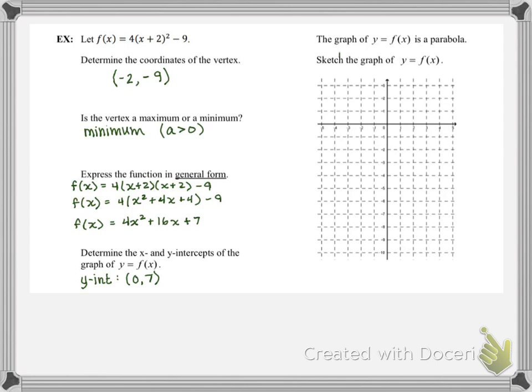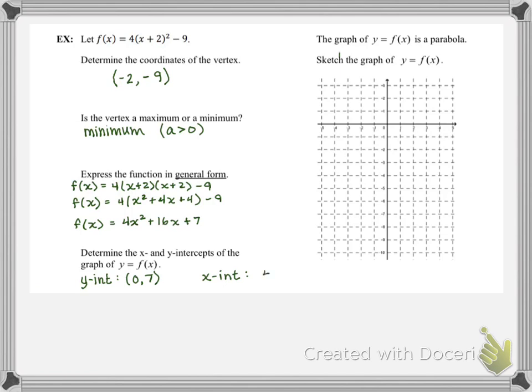And then for my x-intercepts, well, I don't have this in factored form. Theoretically, I could factor the general form, but if it seems like a pain to factor it, or if it's not factorable, we do need another way to get our x-intercepts. So another good way to find your x-intercepts is to use standard form.